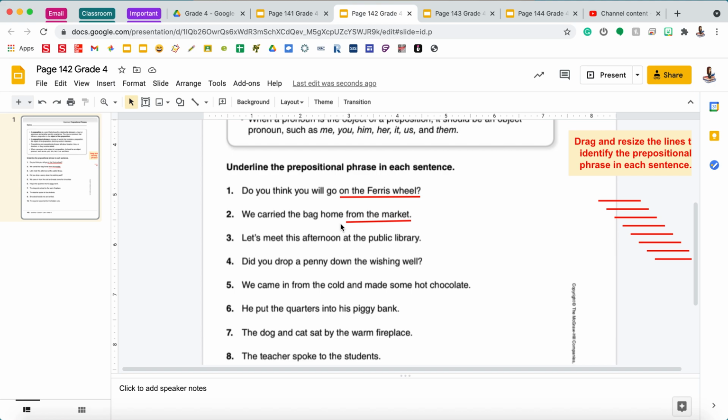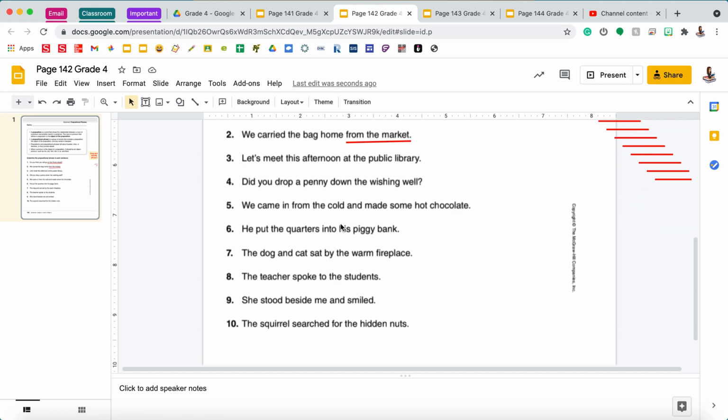Both of these have examples of the prepositional phrase being at the end of a sentence. I would like to look at number 5 with you because that's not always the case. Number 5 says, we came in from the cold and made some hot chocolate. My preposition here is from, and my object is cold.